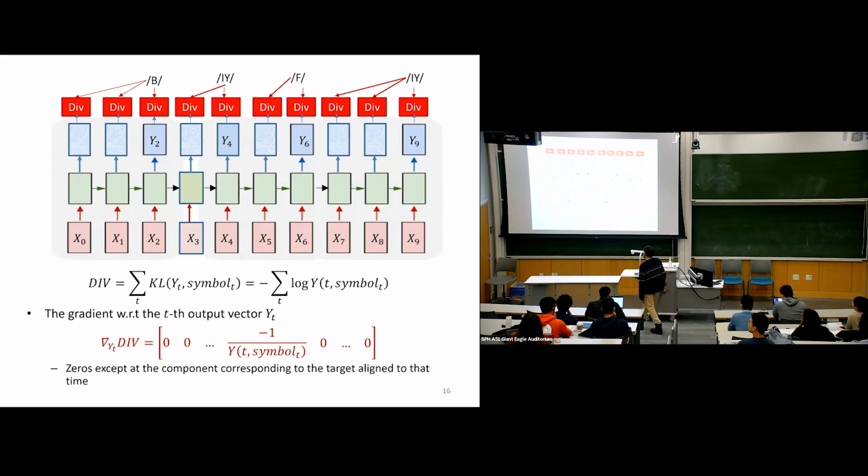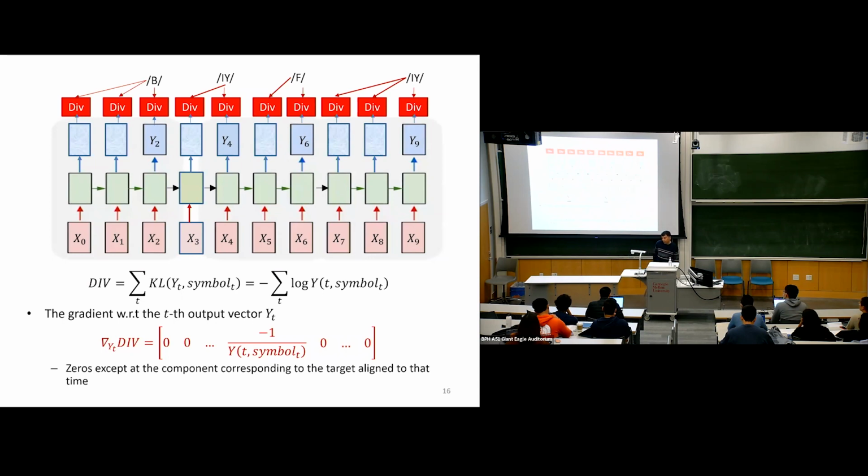And so now if I take the derivative of this, in order to perform back propagation, I need the derivative of the divergence with respect to the output of the network at each time. And so the derivative of the divergence with respect to the output at any time t, that is y_t, is simply going to be the log of the... the rest of the time instants don't matter, right?